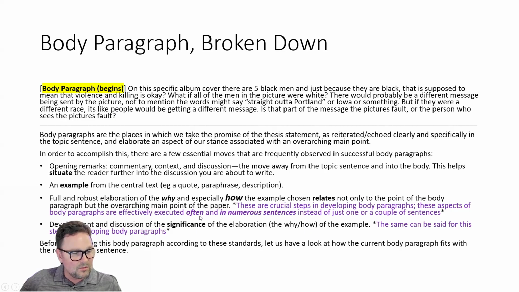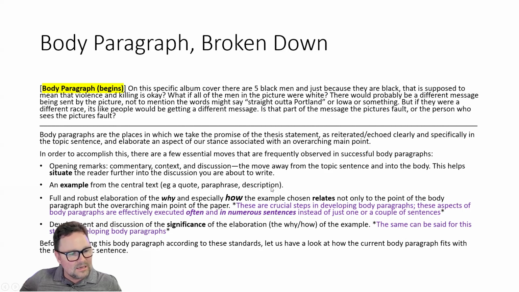This is all it should be. Why is this significant? How is this rhetorical? When an audience member sees that album cover, why is their thinking going to go to race and racism? How does it work?